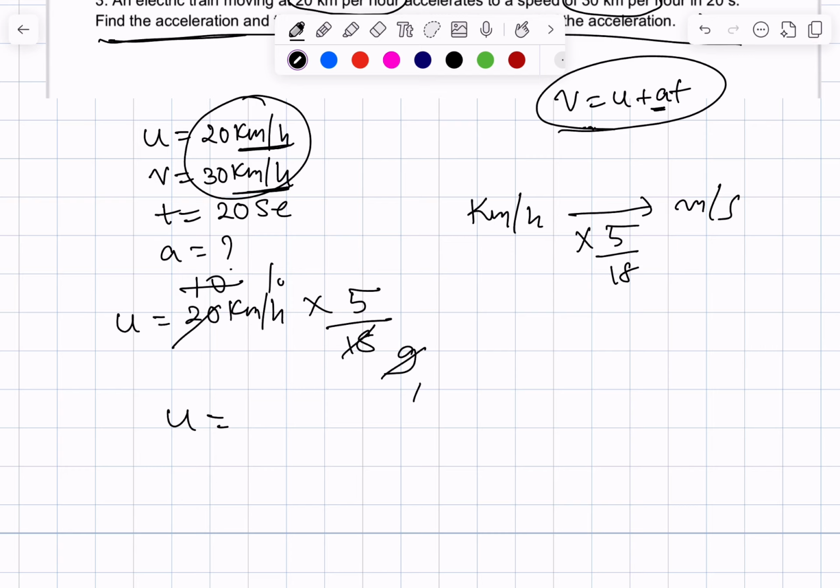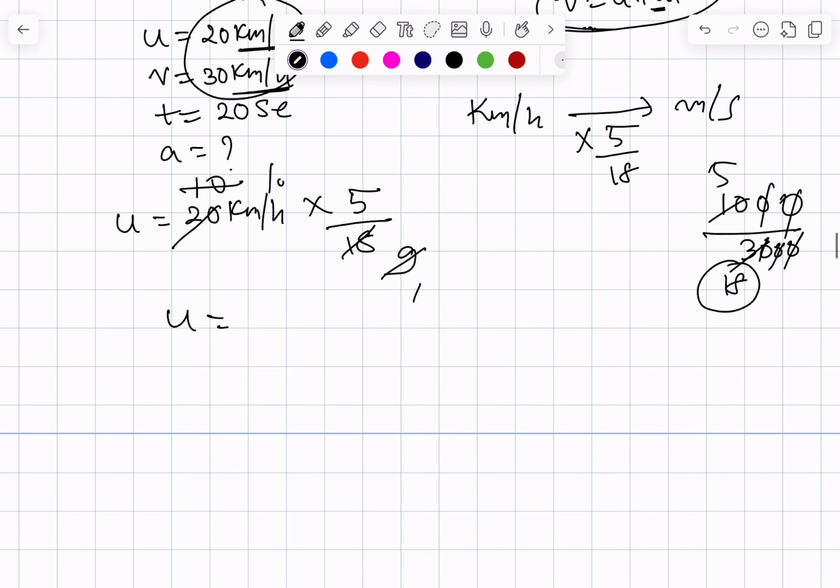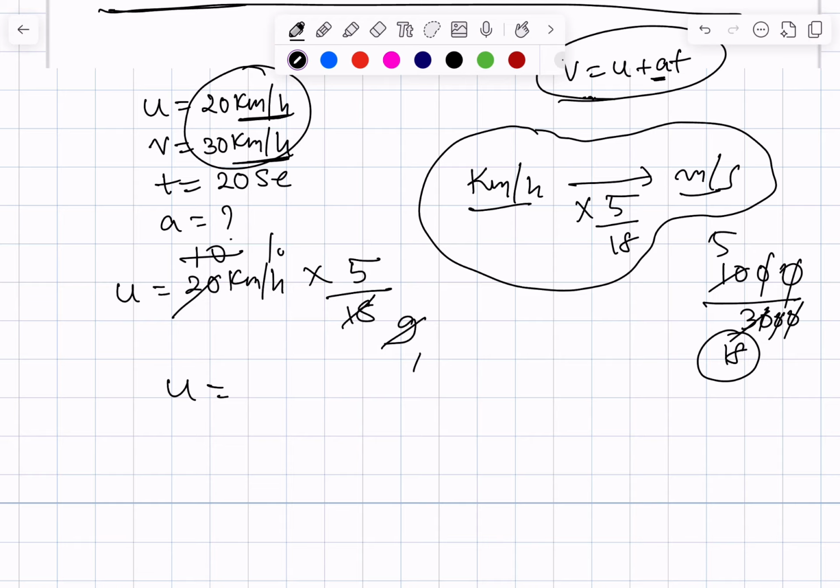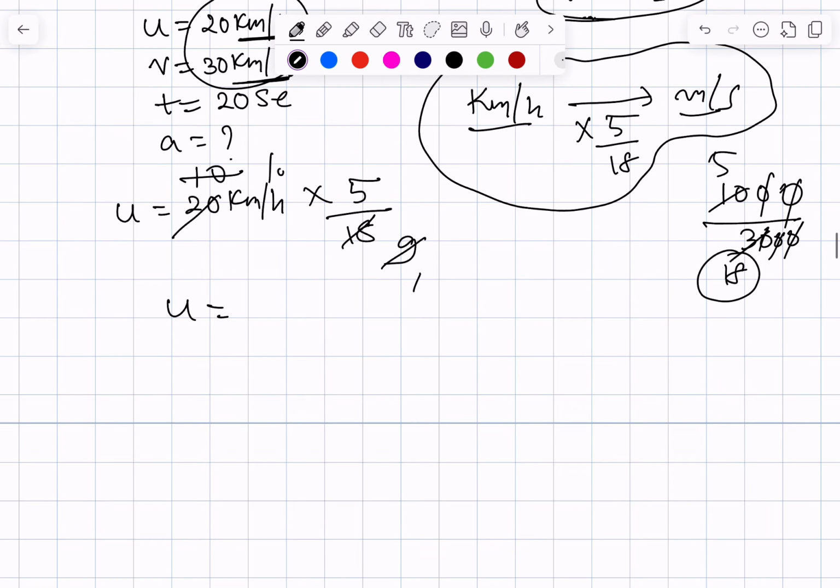Yes, sir, because 1 kilometer is equal to 1000 meter and 1 hour is equal to 3600 seconds. Perfect. Thank you, Ravinder. Remember this, guys, very important: whenever they have given you kilometer per hour, simply multiply it with 5 upon 18, you will get the answer in meter per second.